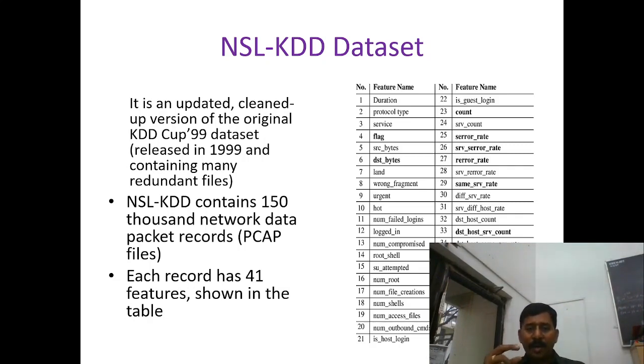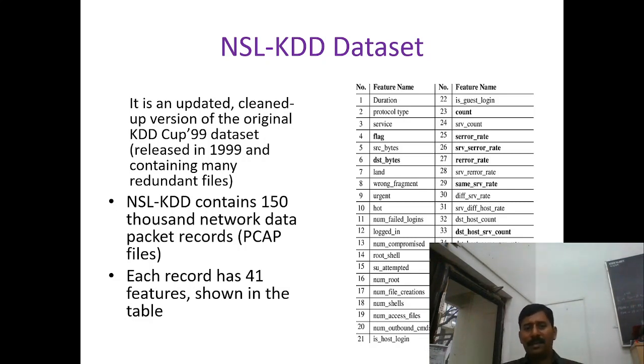Here, each and every record has 41 features. Those are shown in this particular table. The features include the duration of the connection, the protocol type, data bytes sent from source to destination, and number of failed logins.